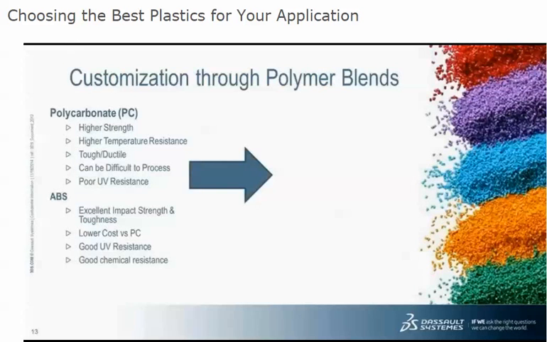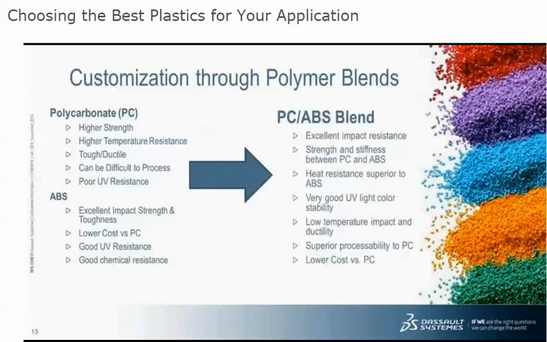So very good impact strength, strength and stiffness between the polycarbonate and the ABS, better heat resistance compared to just ABS, good UV resistance, and better low temperature impact strength and ductility due to the rubber present in the ABS. It's easier to process than the polycarbonate, and because ABS is a lower cost material than polycarbonate, the overall blend would be lower cost than polycarbonate as well.